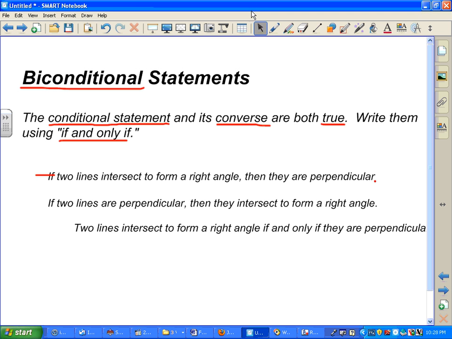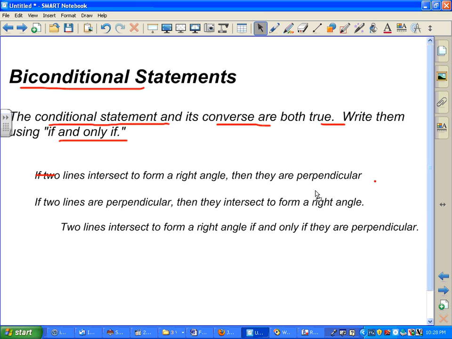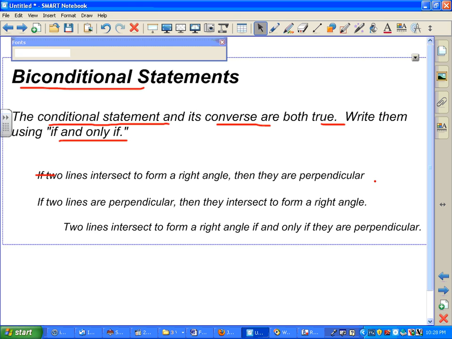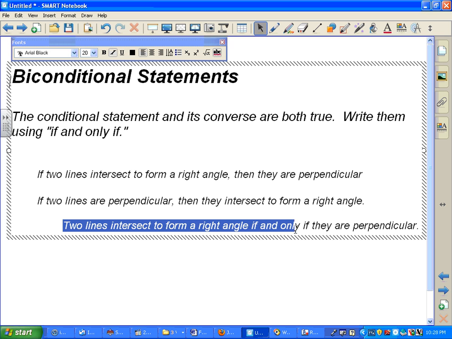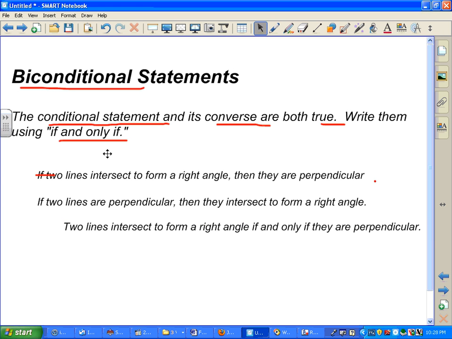There is your biconditional statement. Notice it does not start with if. It is a sentence. That is only if the conditional and the converse are both true.